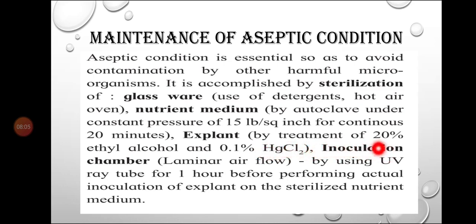Then the inoculation chamber, that is the laminar airflow, can be sterilized using a UV ray tube for 1 hour before performing the actual inoculation of the explant on the sterilized nutrient medium. So all these things have to be sterilized: the glassware, the nutrient medium, the explant, and the inoculation chamber.